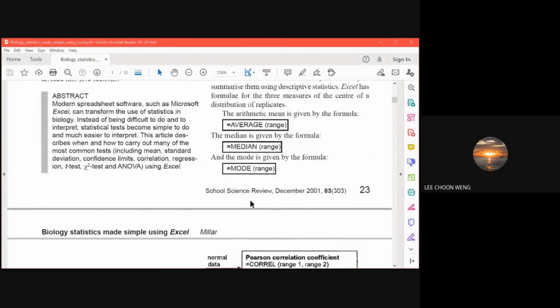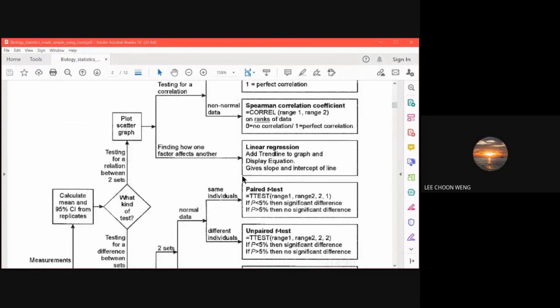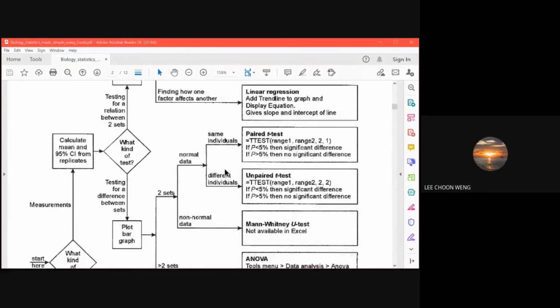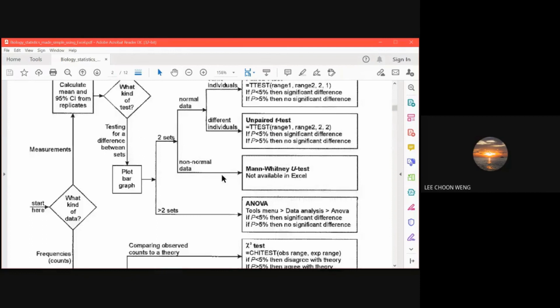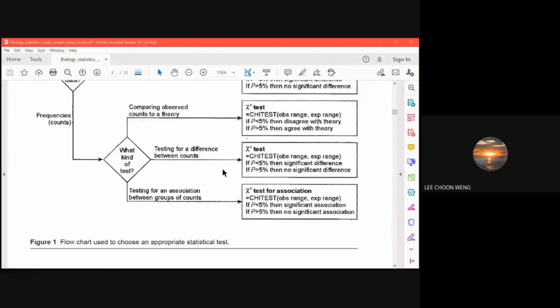For Excel, you can use this kind of formula to come up with the mean, median, or mode. This figure is important because it shows you how to choose appropriate statistical tests.